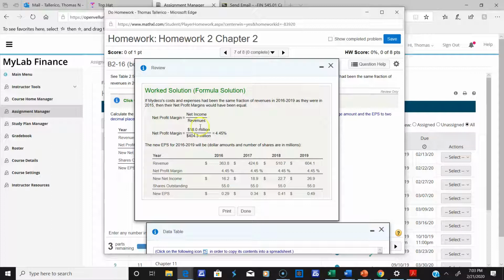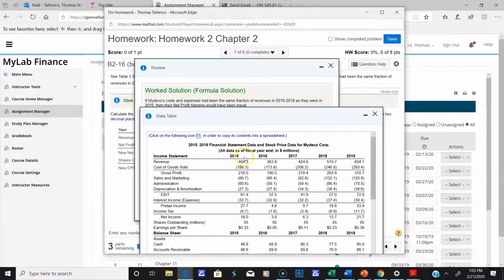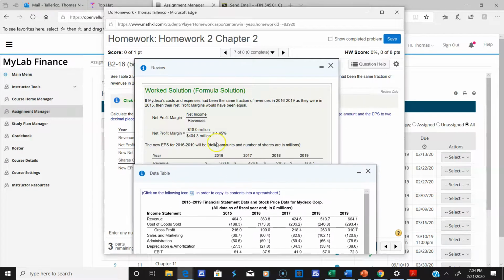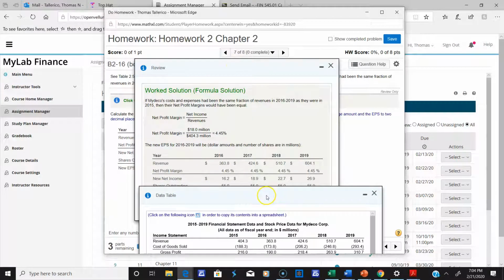Let's look here, because that's the ratio we have for 2015. You see that? 404.3 million is the revenue, so we plug that in right here. And the net income is on the very bottom. Remember we said that? The net income is right here, 18 million. If you divide this out, that gives us a net profit margin of 4.45 percent.